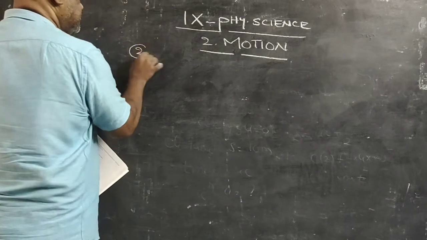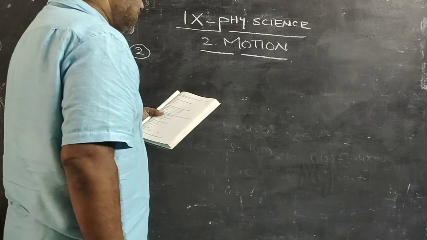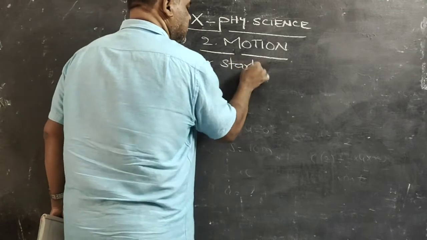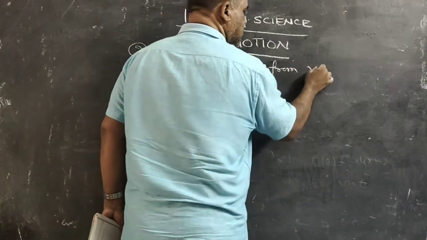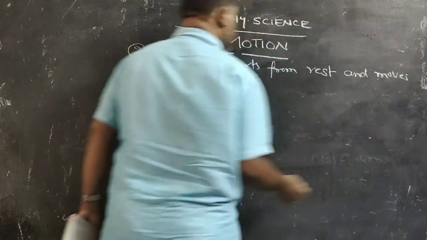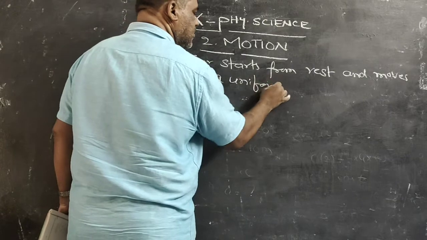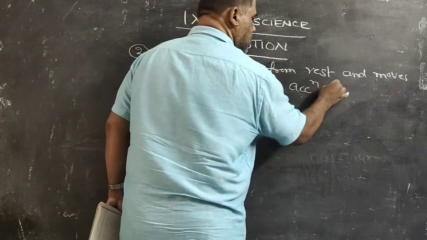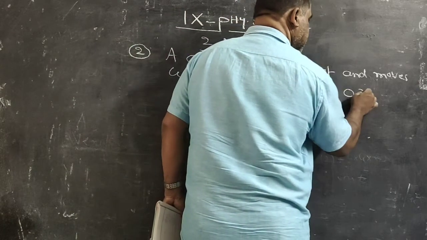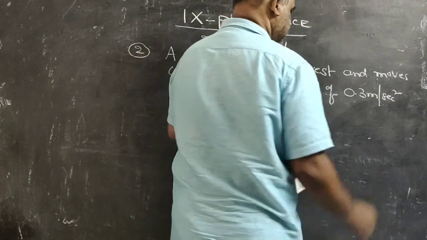Right, second problem. A car starts from rest and moves with a uniform acceleration of 0.3 meters per second square for 5 minutes.